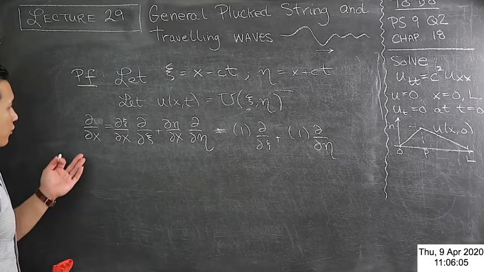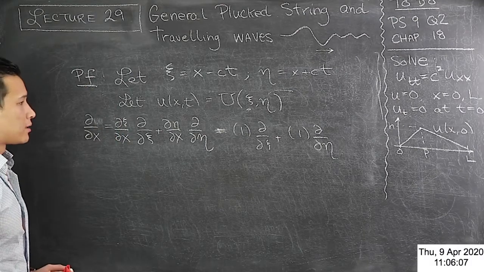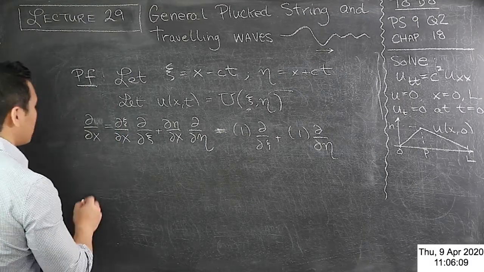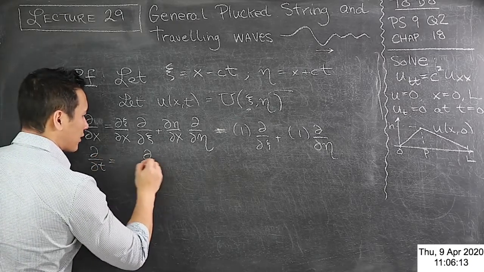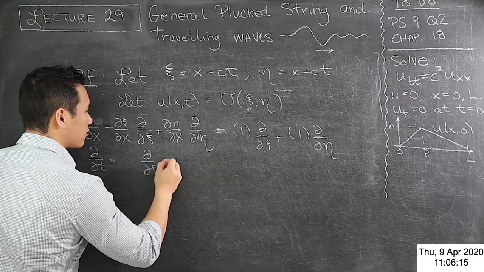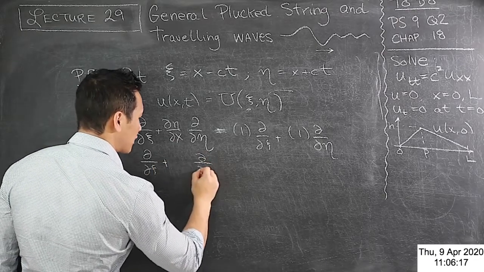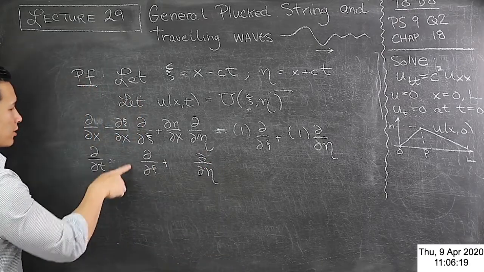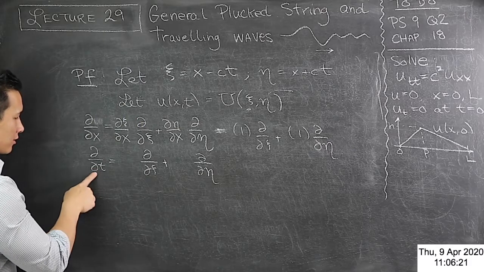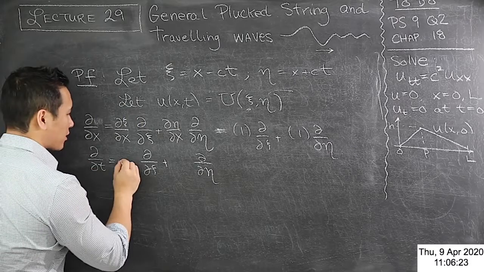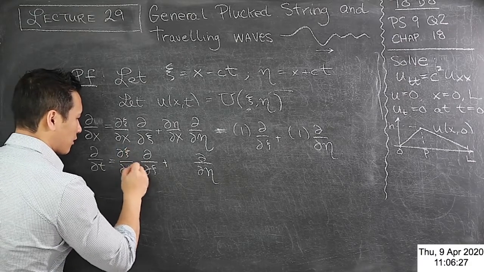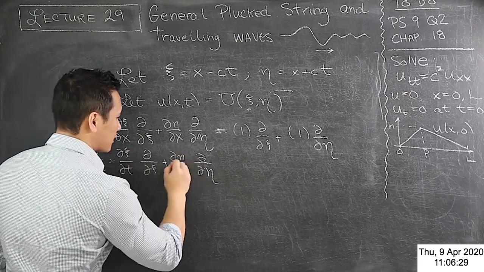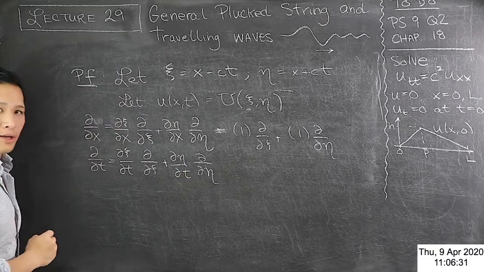Okay, so now you're going to do the same thing with t. d dt. Again, you have to differentiate through the two new variables, d dc and d d eta. And then you have to put in the factors here that get you the d dt on the bottom. So if I take this to be dc dt, and if I take this to be d eta dt, then that gets me there.